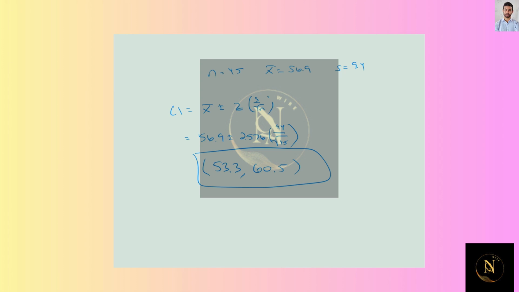Well, you could just test it by replacing the 45 with 46, and that would become 60.47 for the upper boundary and 53.33 for the lower boundary, and this would have been 53.29 to two places.